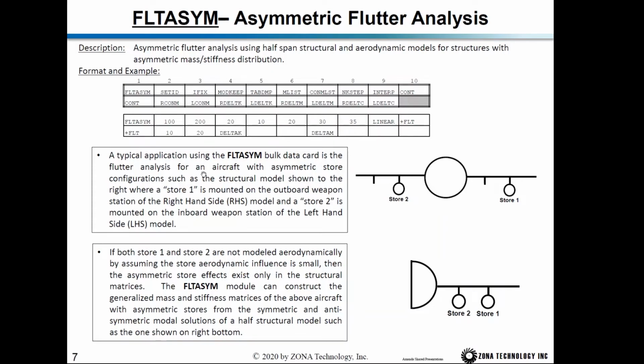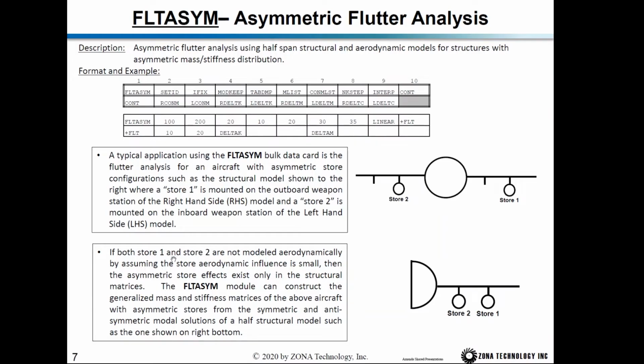So a typical application using the FVM Bogota card is the flutter analysis for aircraft with asymmetric store configuration, such as the one shown here. So this store and this store, they are asymmetric.